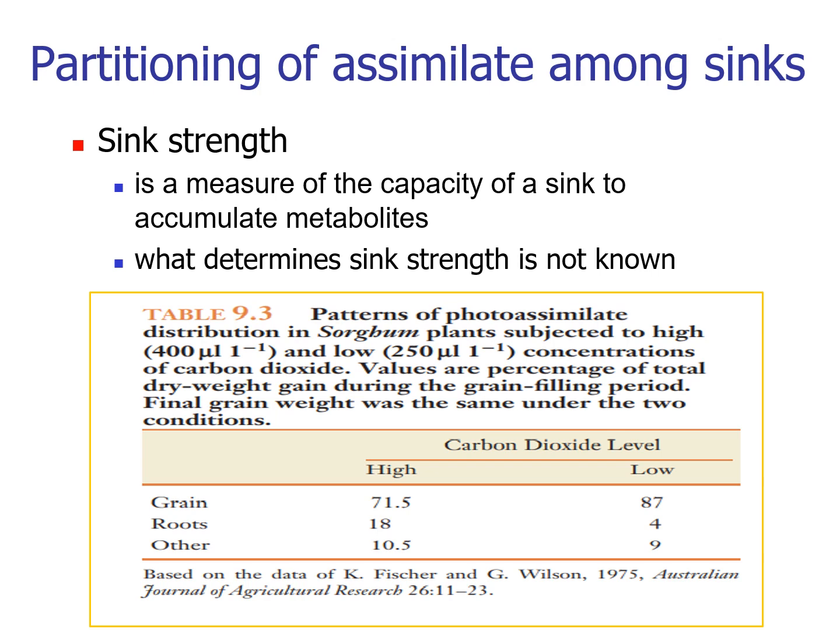The difference was made up by the equivalent decrease in the proportion of carbon directed to the roots. Roots and the developing grain are competing sinks. When the supply of photoassimilate is limited, it is preferentially directed toward the sink with greater strength, in this case, the grain.